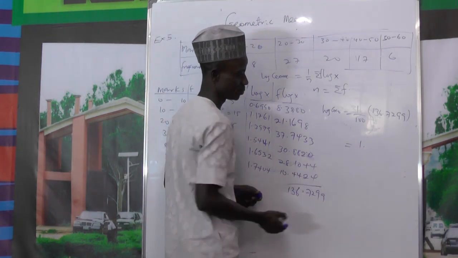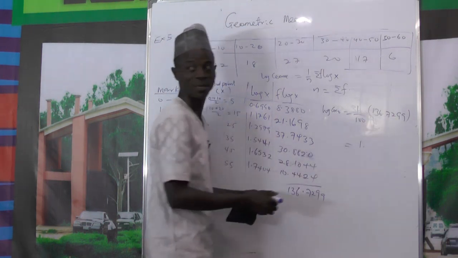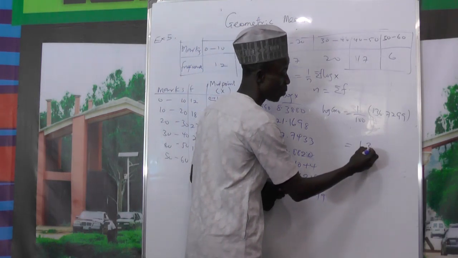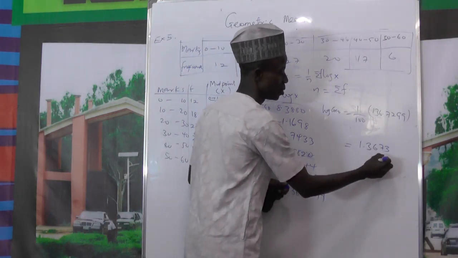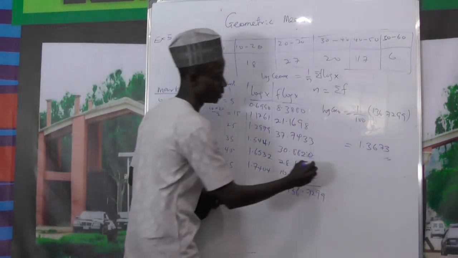If we divide this by 100, we are going to have 1.3673. So we now take the antilog of this to get our geometric mean.